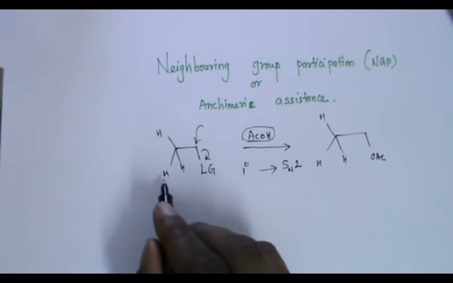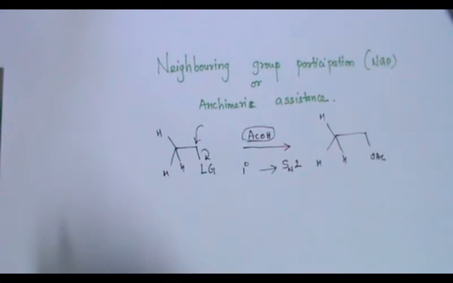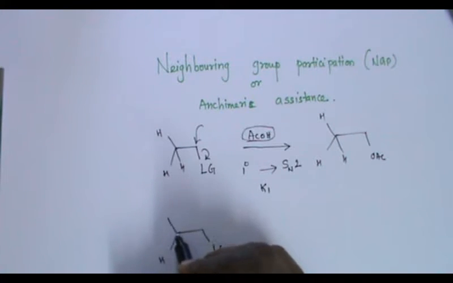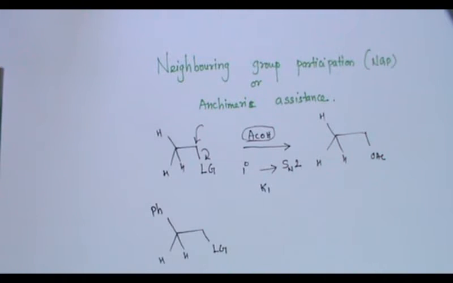Say this substrate undergoes solvolysis at a certain rate, say K1. I go for one more substrate with the same leaving group. Here I have the same hydrogen atom, but here it is phenyl now.